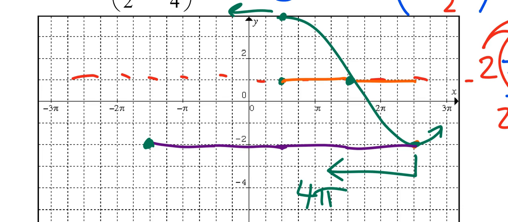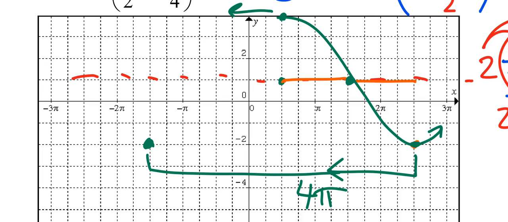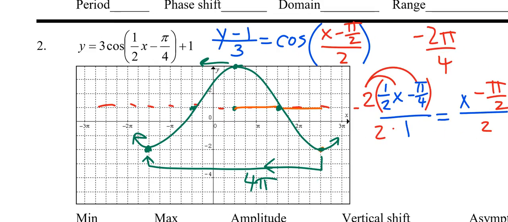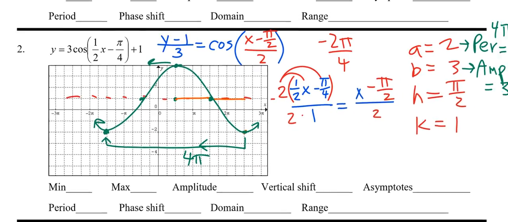I'll take the purple line off. So we could come all the way over here and find that point, and then we know that point. That was a pretty cool question.